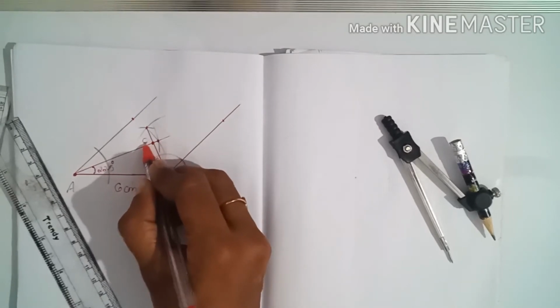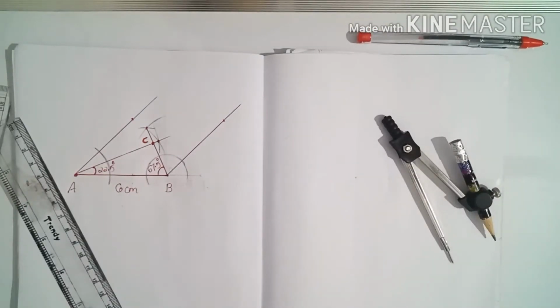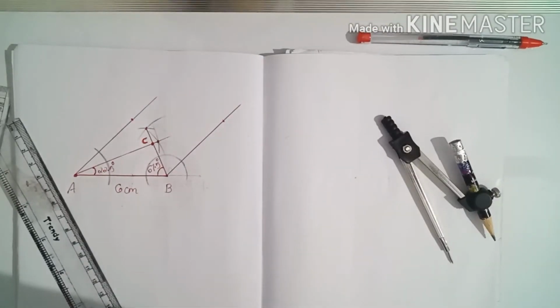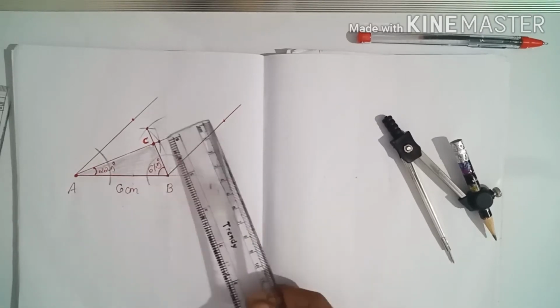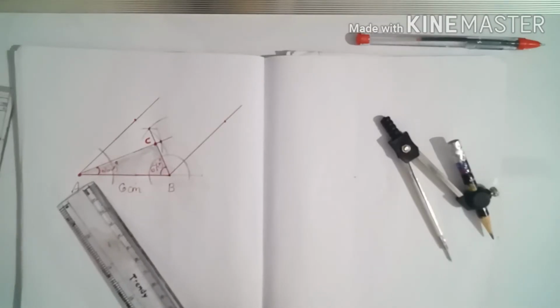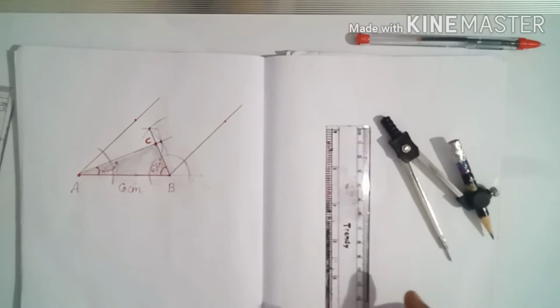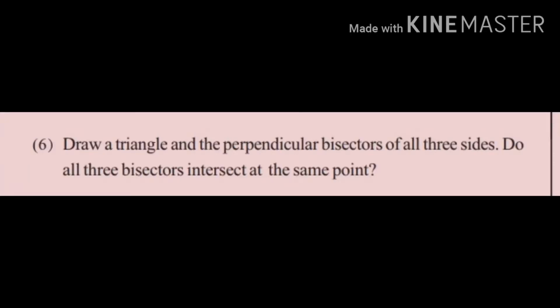That point you can consider as C point. So this triangle ABC is the required triangle. You can shade that region. So this is a triangle ABC with AB as 6 centimeter, angle A as 22.5 degree and angle B as 67.5 degree.